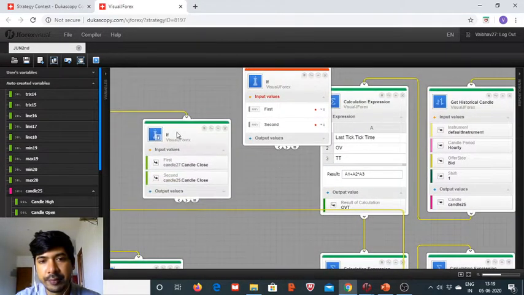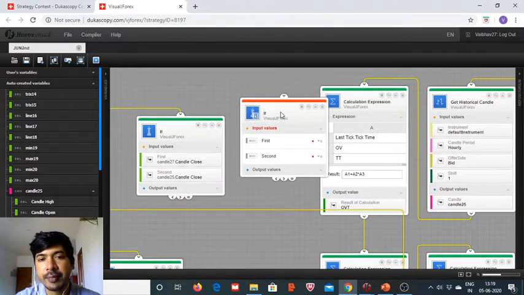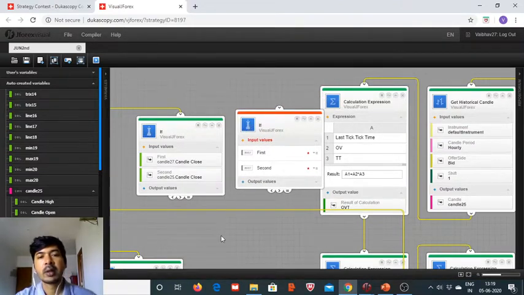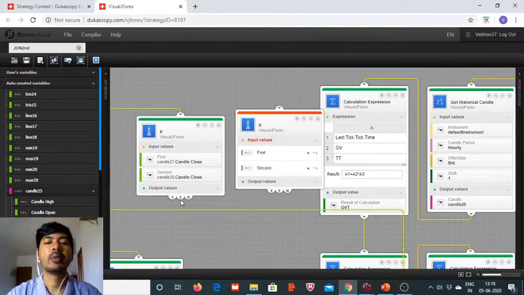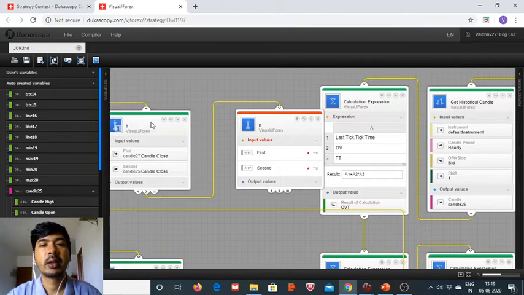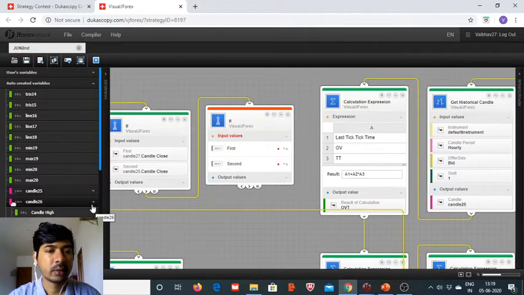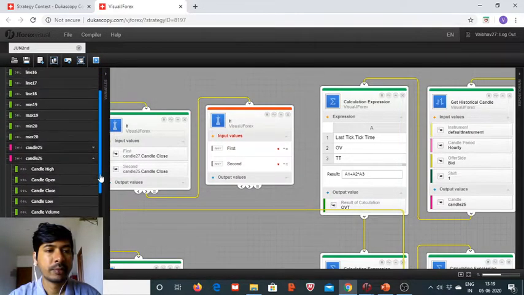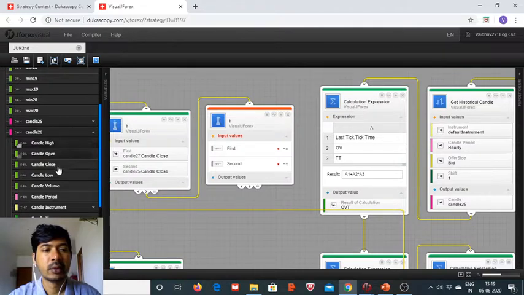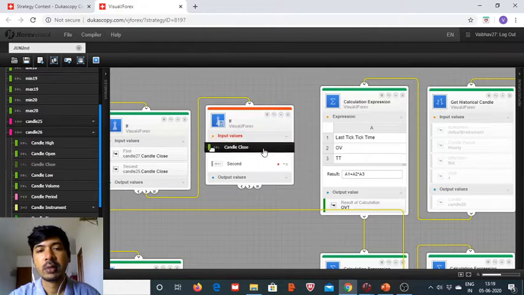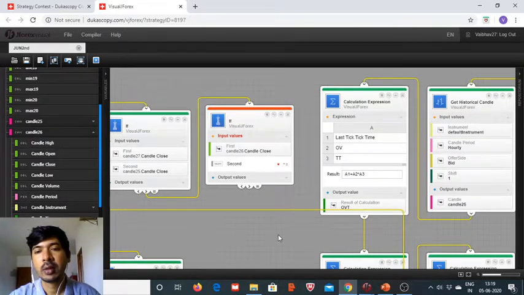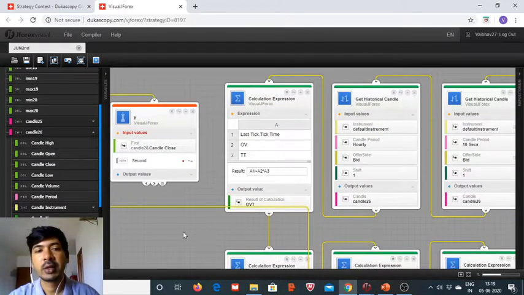And here candle 27's close needs to be greater, and then candle 26 close needs to be candle 25's close.